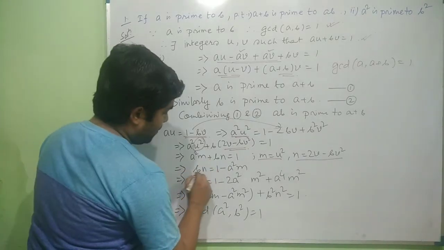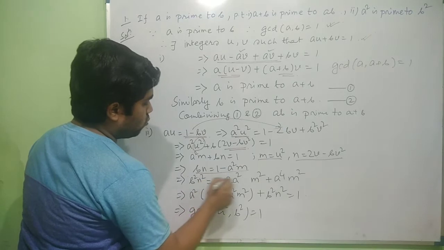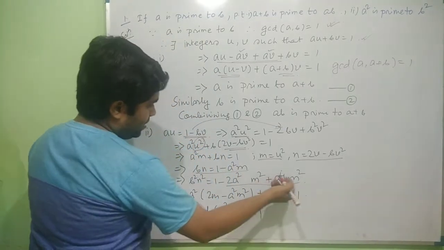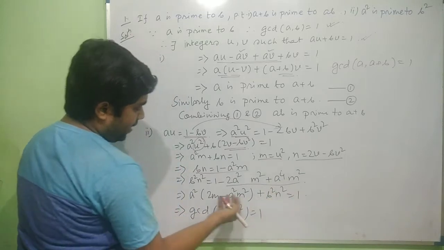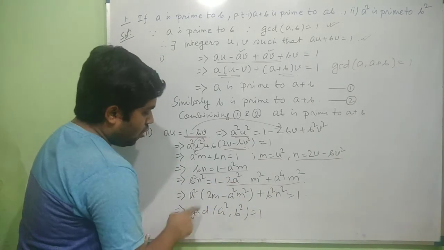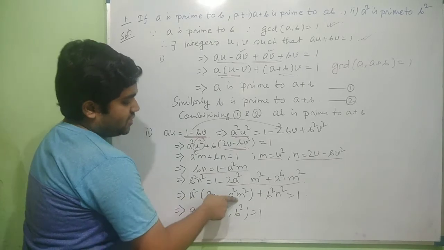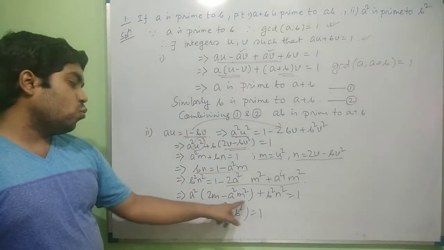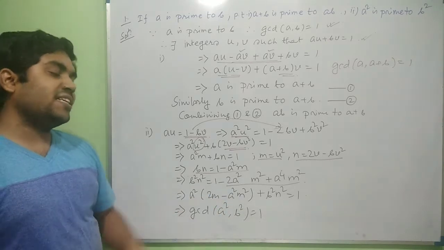From that, BN equals this, and again squaring both sides we get this result, and these terms are taken to the left hand side. Taking A square common, we obtain A square into this plus B square into N square, where the value 2M minus A square M square is an integer.